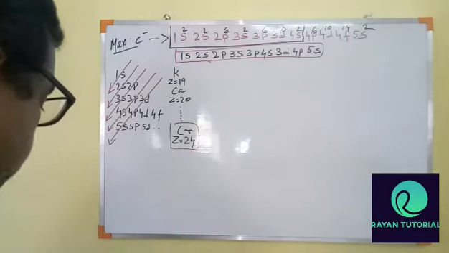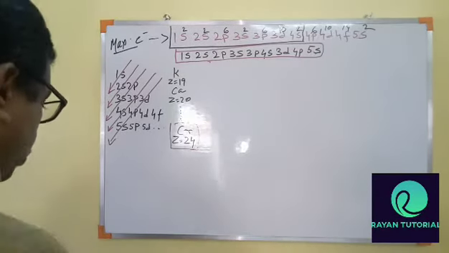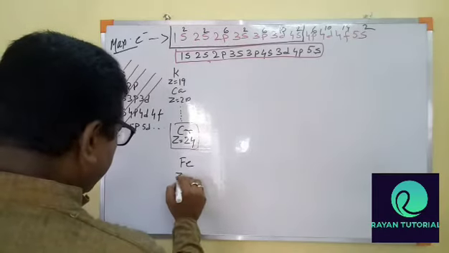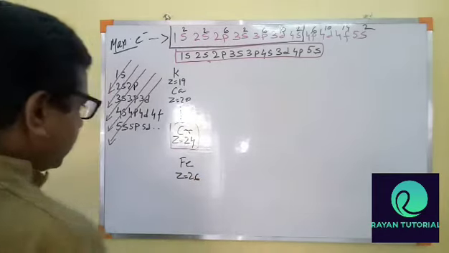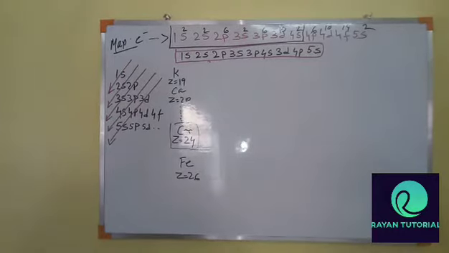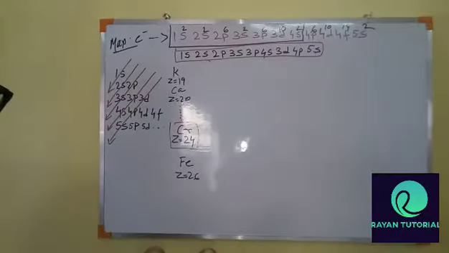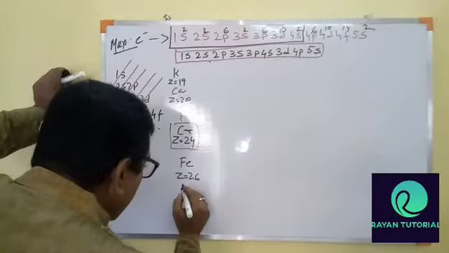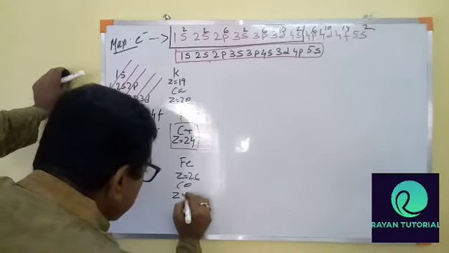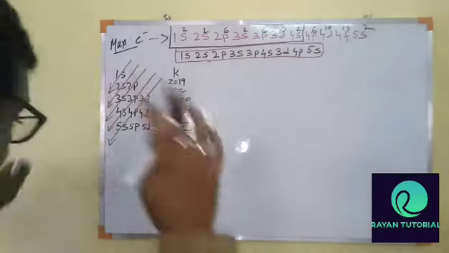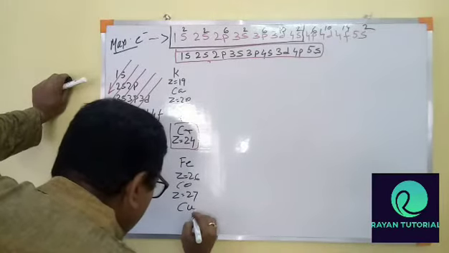Then after chromium is 26, I know, iron. 26 is iron. Then cobalt is 27. Then again copper.